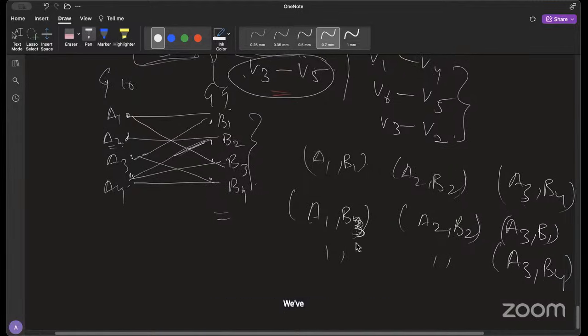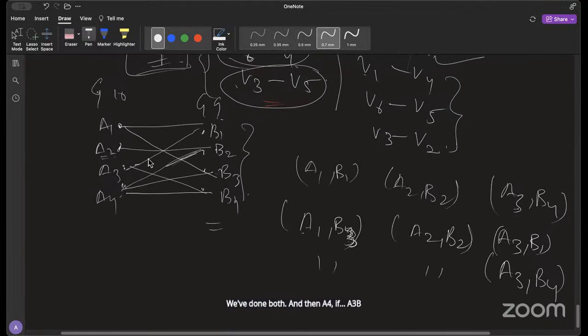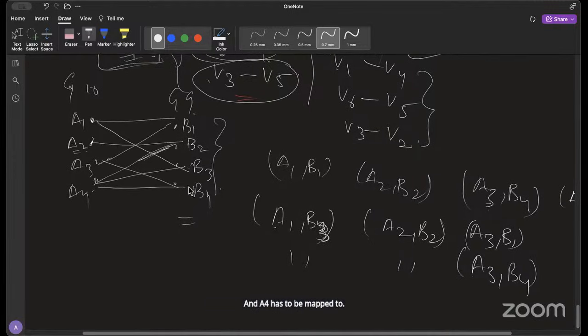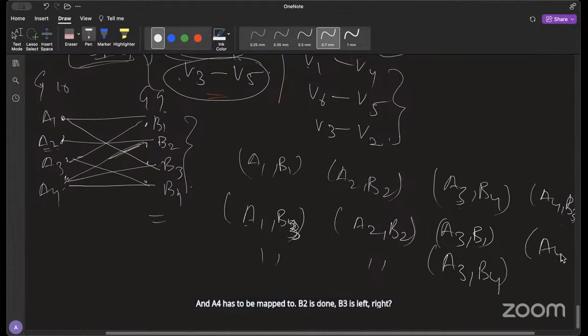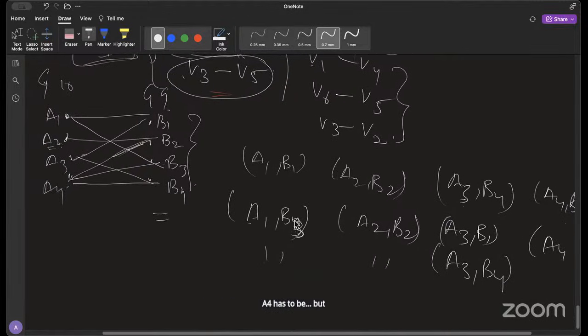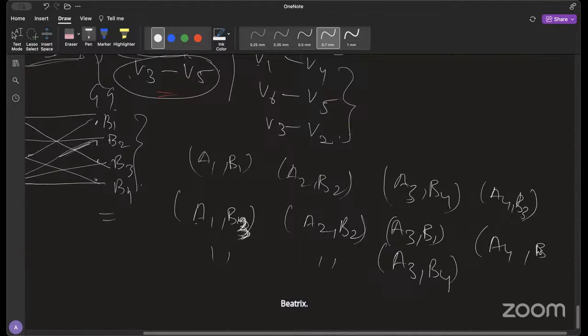We've done both. And then A4, if A3, B1 is there, then A4 has to be mapped to B3. B2 is done, B3 is left, right? But B3 is also done here, since we started with B3. A4 will have to take B4.